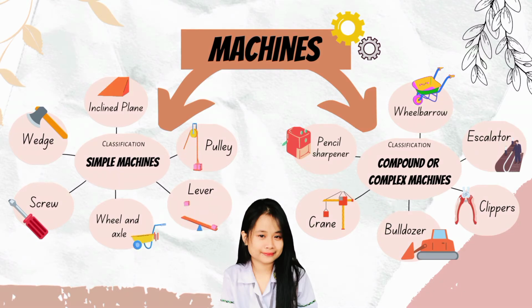While in compound machines, we have here the examples: wheelbarrow, escalator, clippers, bulldozer, crane, and pencil sharpener. Those are the examples of compound machines.